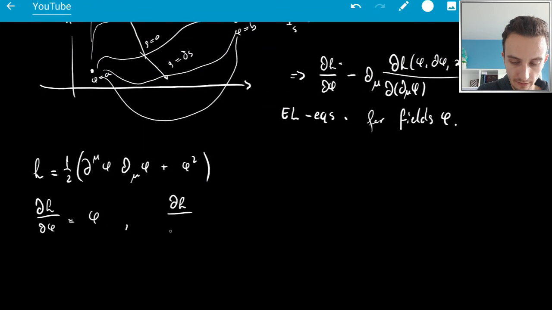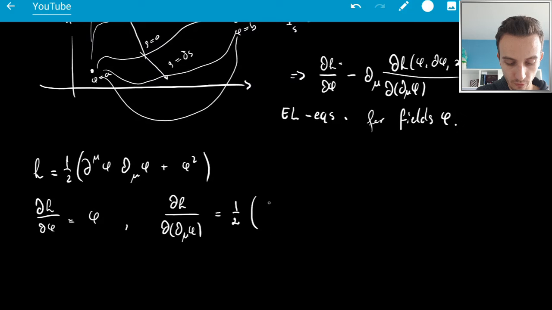And then dL by d mu phi. Now be careful here. It's best to, because these are dummy indices, right? They're being summed over. So you can write one half dL, so d mu phi, let's write nu by d mu phi.